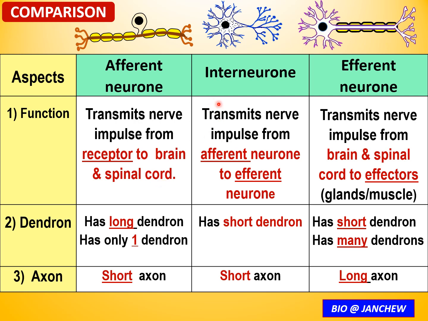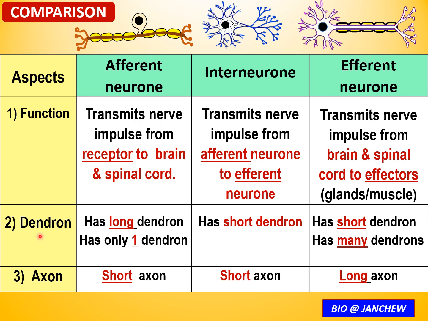Interneuron is the middleman between the two, so it will link the afferent neuron to the efferent neuron. It transmits nerve impulses from the afferent neuron to the efferent neuron. Now the efferent neuron then is the third neuron, which transmits nerve impulses from the brain and spinal cord, the central nervous system, to the effectors, the glands and muscle.